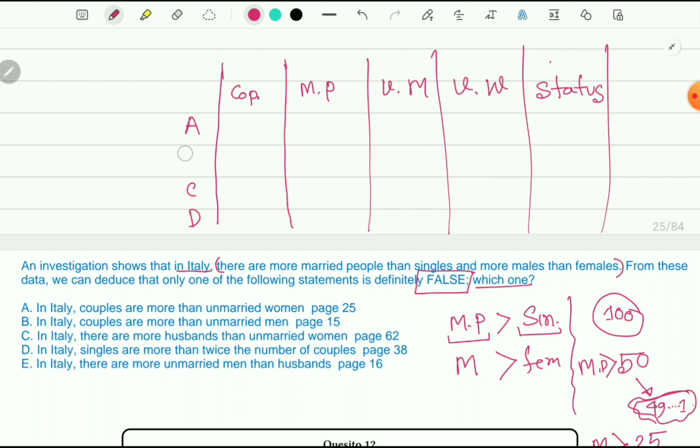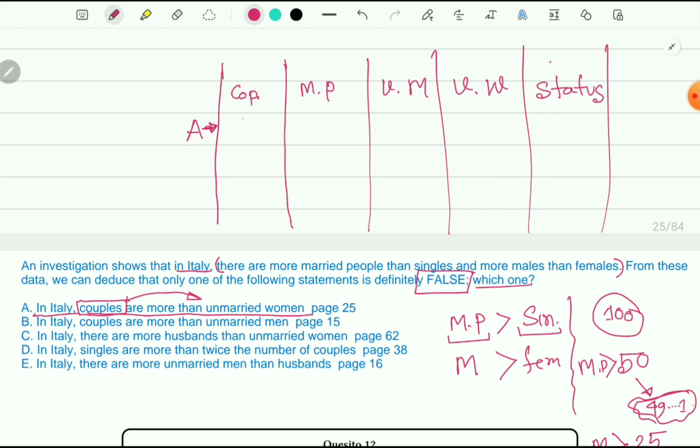Okay, let's think about it later. So we'll actually test all of these options. First of all, let's start with the first option: in Italy, couples are more than unmarried women. So they talk about couples, not about married people, so we'll compare couples with unmarried women.